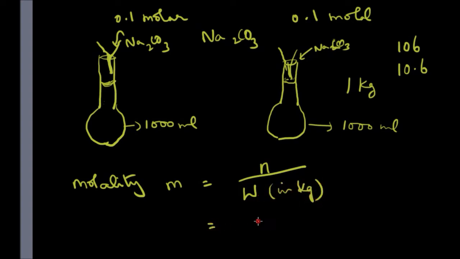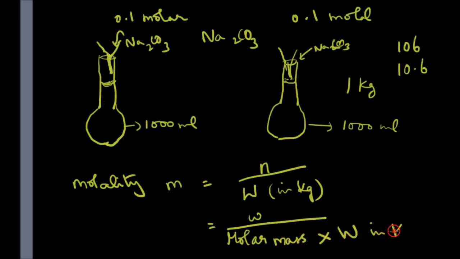For N, you can write w by molar mass. So m = w / (molar mass × W in kg). Always, w in lower case refers to the solute and W in upper case refers to the solvent. So this is the formula for molality.